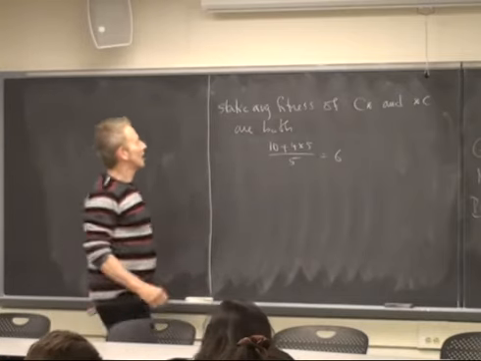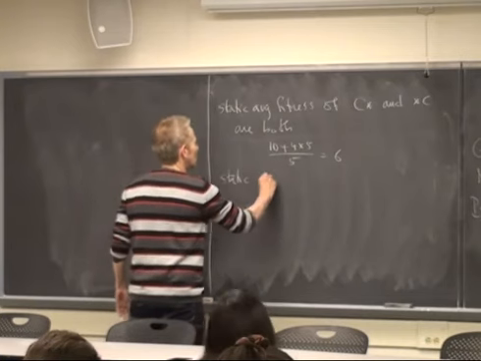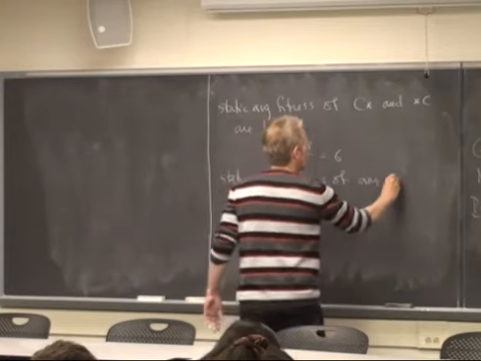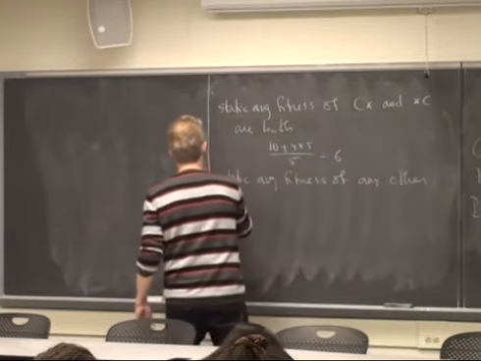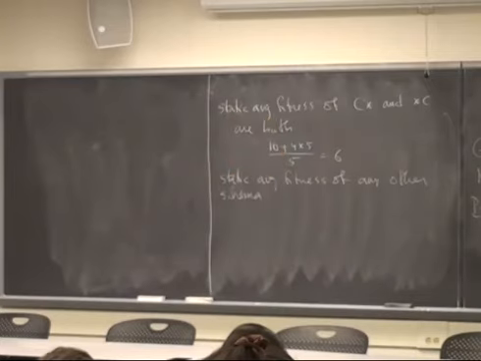And you can show that the static average fitness of any other schema is way less. For example, A star.